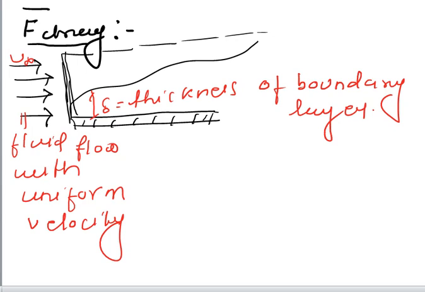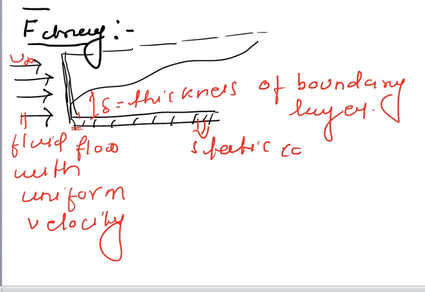Now as the fluid flows over the surface, just as it comes in contact with the surface, the velocity of the bottom layer of the fluid in contact with the surface goes to zero, as the surface is in static condition.